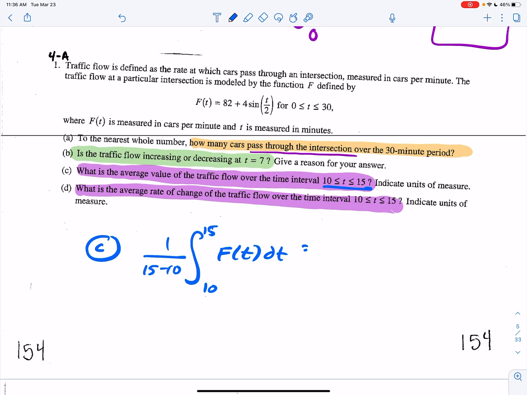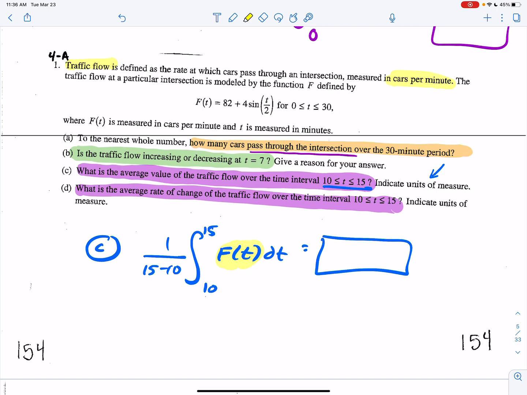So here's the thing. You know what? I'll take care of this part too, the indicate units of measure, okay? I don't know what this comes out to, and it really doesn't matter because you could just do that yourself. Okay, so F represents the traffic flow, which is in cars per minute.